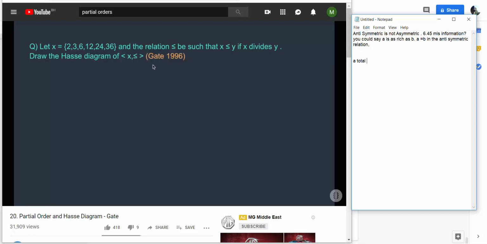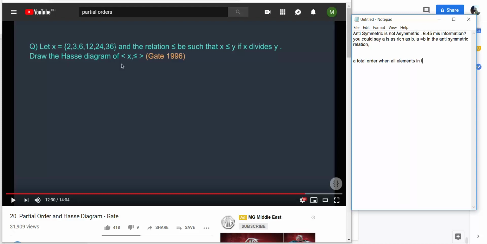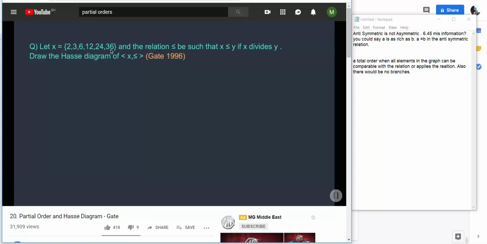Here's a question asked in GATE 1996. Let X be the set {2, 3, 6, 12, 24, 36} and the relation be less than or equal to, such that x is related to y if x divides y.